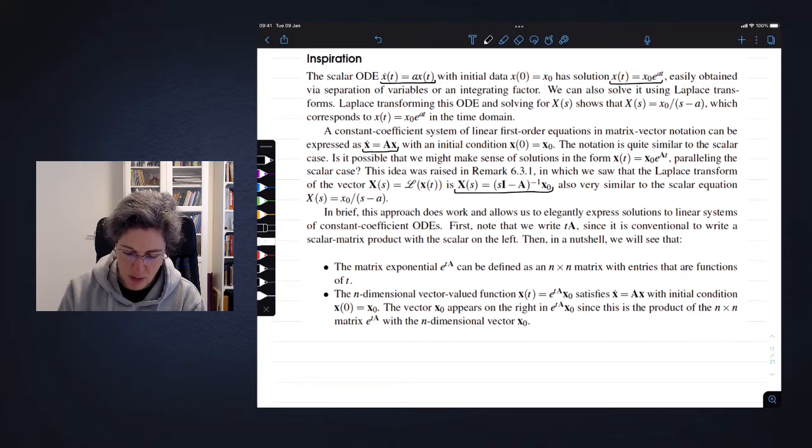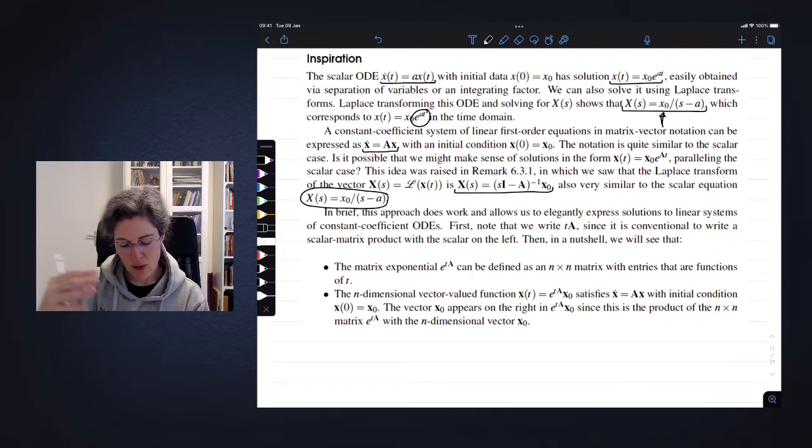In our Laplace transformed version of the scalar, we got this. And this, if we inverse Laplace transform, gives us an e to the at. So the question we might ask is, if we take the inverse Laplace transform of this matrix thing, do we end up with something like e to the at?